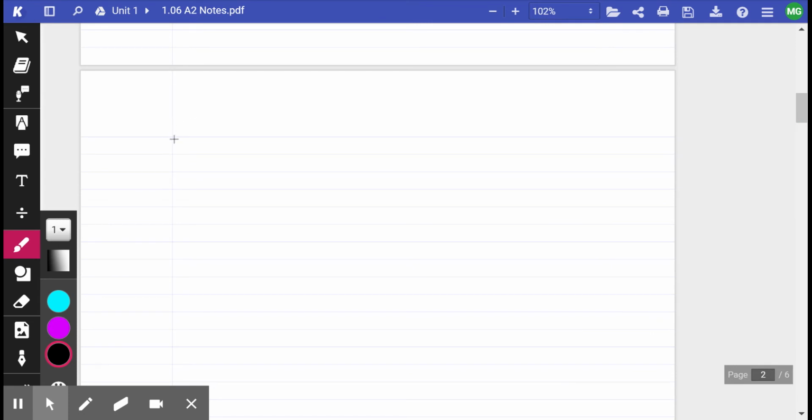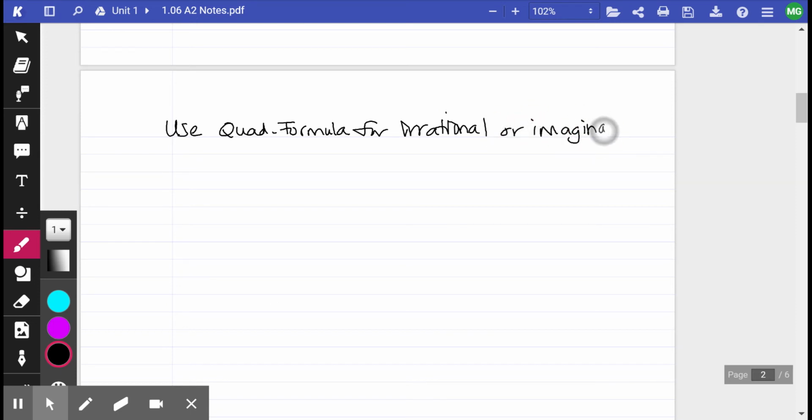So we want to use the quadratic formula. So when we have to use quadratic formula at this point, or completing the square, anytime you're going to have irrational or imaginary roots.